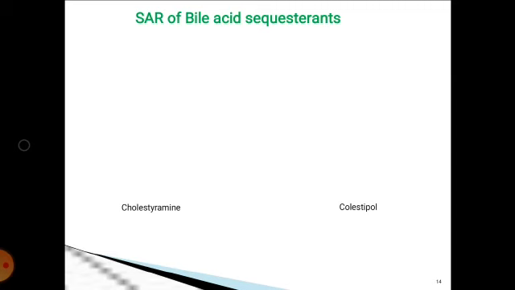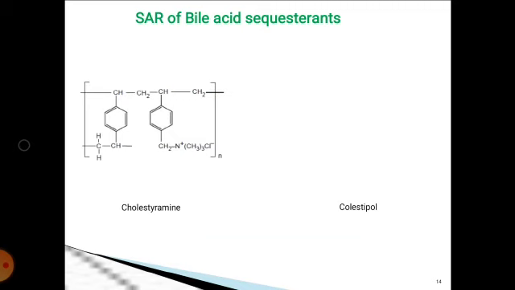The functional ion exchange capacity of the resin depends upon intestinal pH and may be less than cholestyramine. The adsorption capacity of cholestyramine for bile salts is more than the cholestipol. This is the structure of cholestyramine and this is the structure for cholestipol.